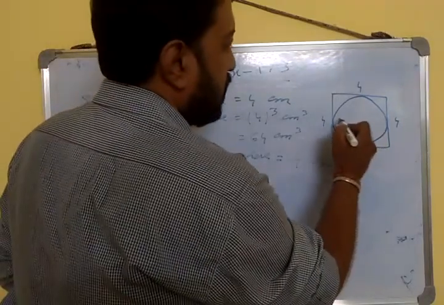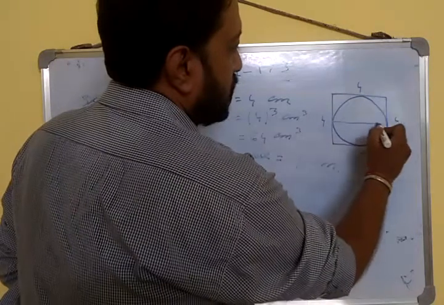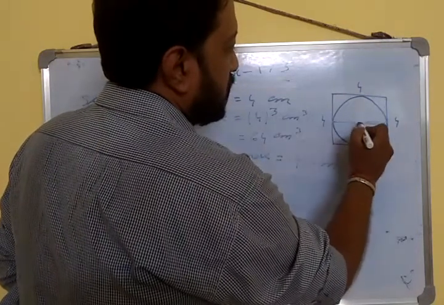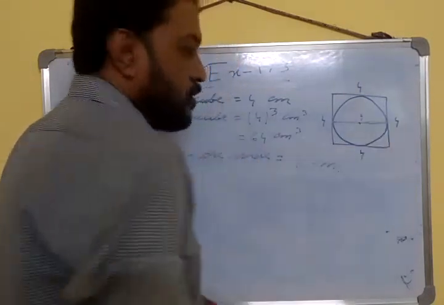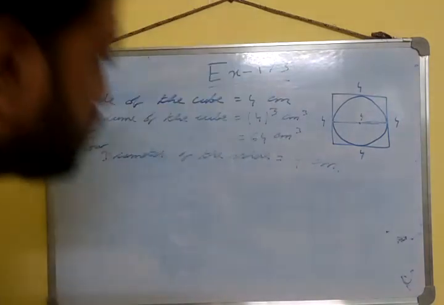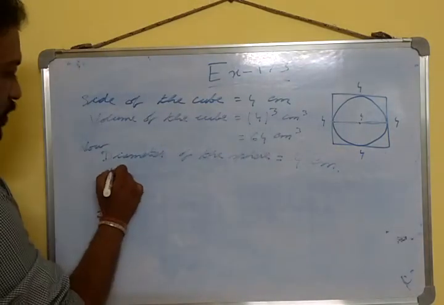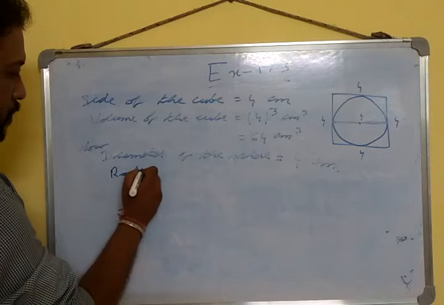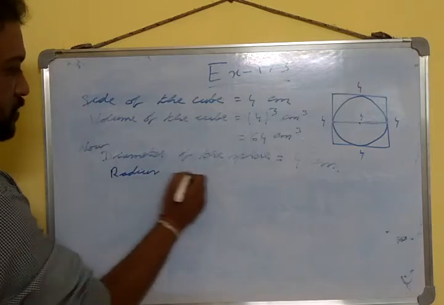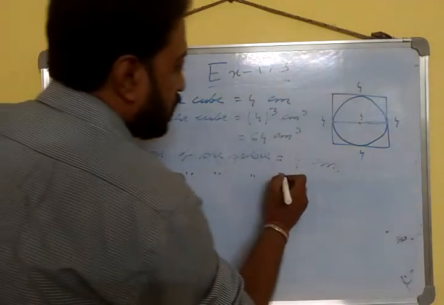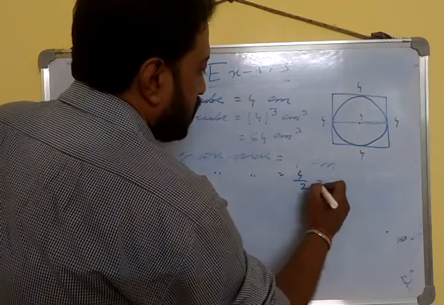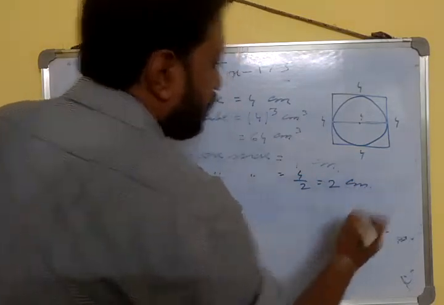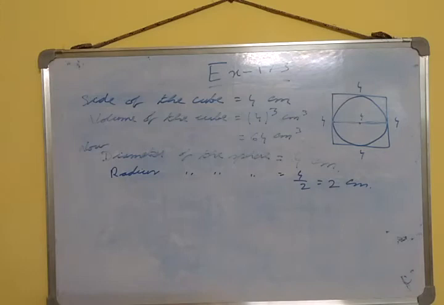You can see that one side to other side, it is 4 centimeter. So radius of the sphere is 4/2, that is 2 centimeter.